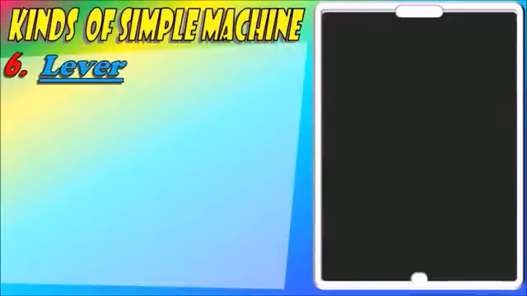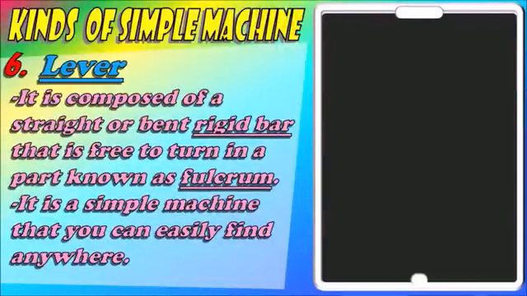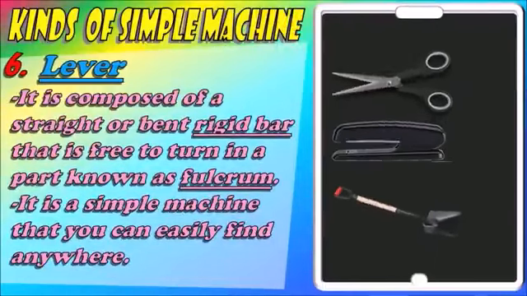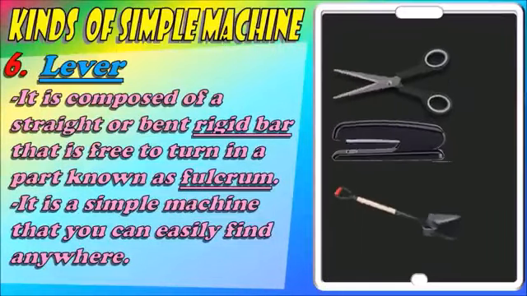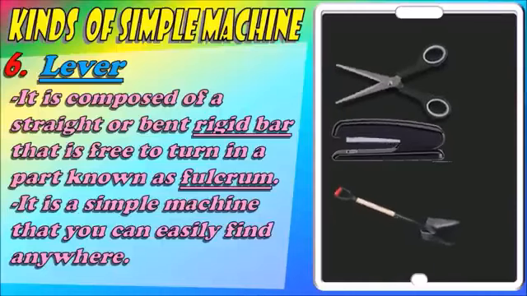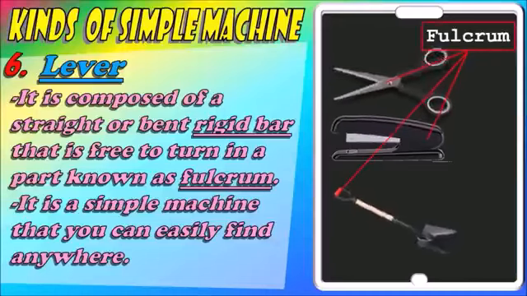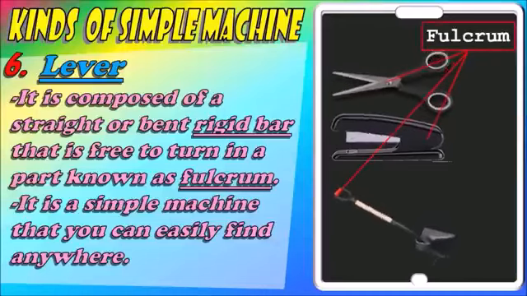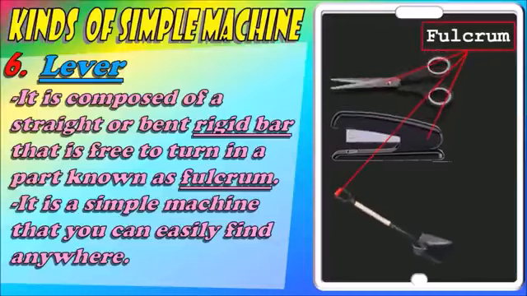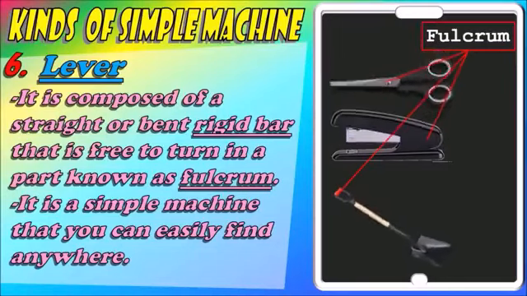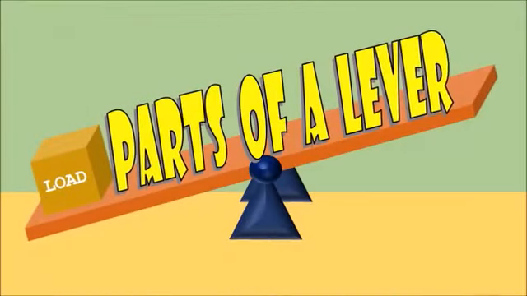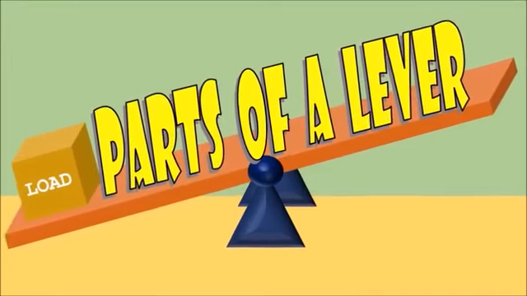Number 6. Lever. A lever is composed of a straight or bent rigid bar that is free to turn in a part known as the fulcrum. It is actually a simple machine that you can easily find anywhere. These are the parts of a lever.